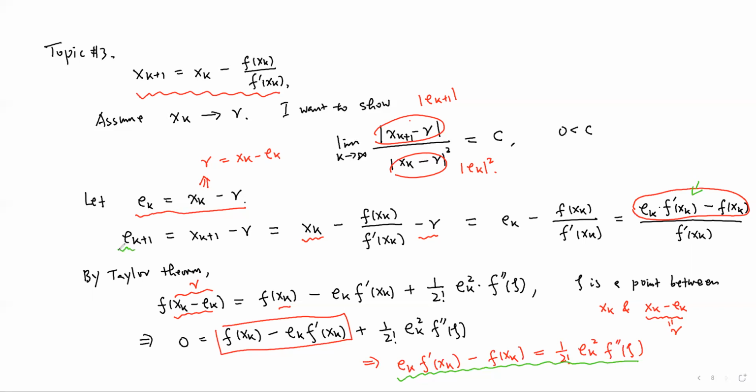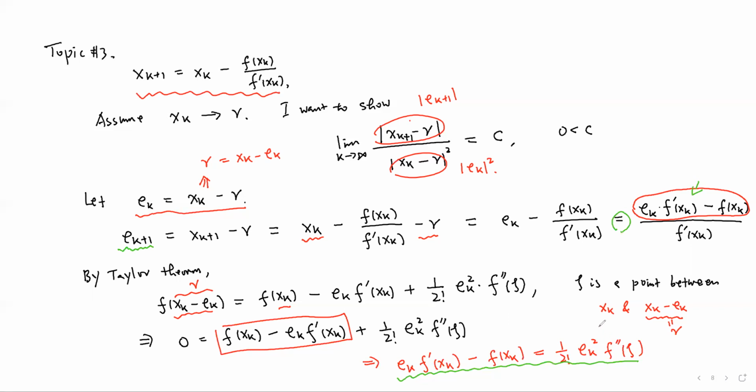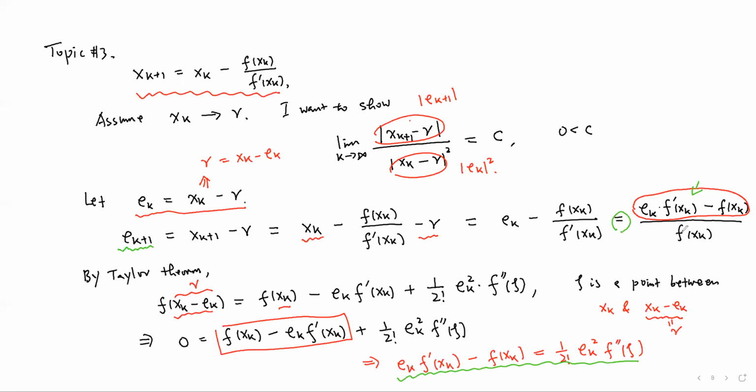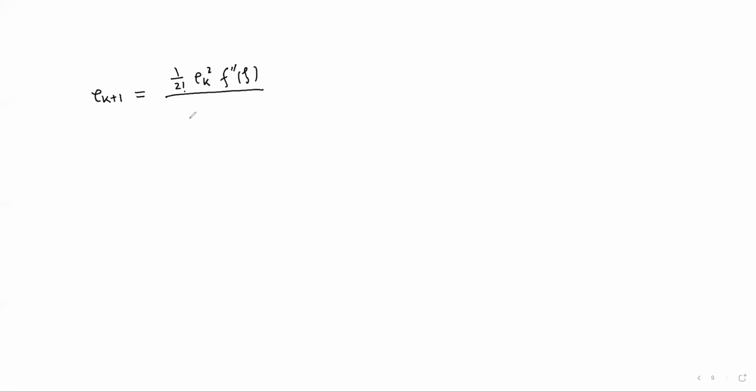Then I get e_{k+1} is equal to 1/2 e_k squared f''(psi), then over f'(x_k).